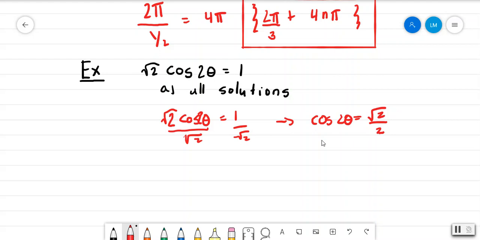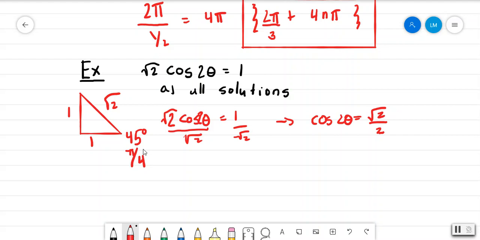Now, the way that we're going to solve this is that we know the angles that give us root 2 over 2. If we think about it like this, that's going to be 1, 1, root 2, and that's going to be 45 degrees, or pi over 4.